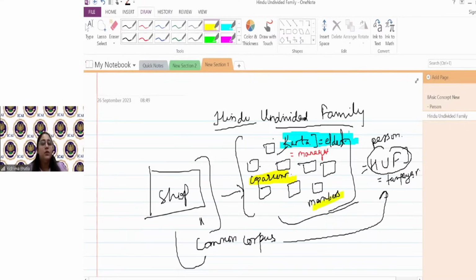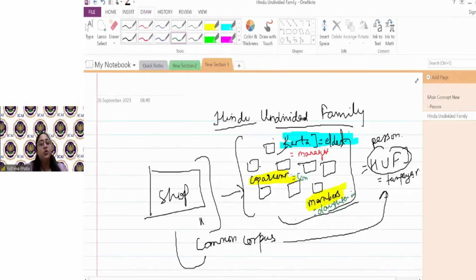Then what are members? Members are persons who become part of the family, not by birth, but by, say, marriage. So the daughter-in-law would be a member. She would not be a co-partner. So for a co-partner, you can take the example of a son, and for a member, the example of a daughter-in-law.